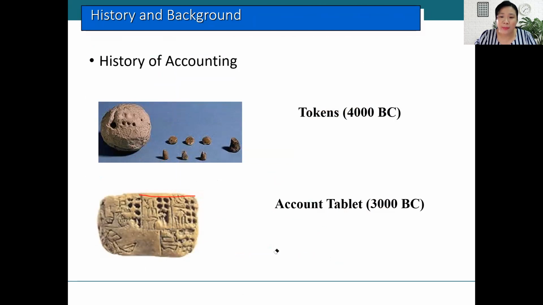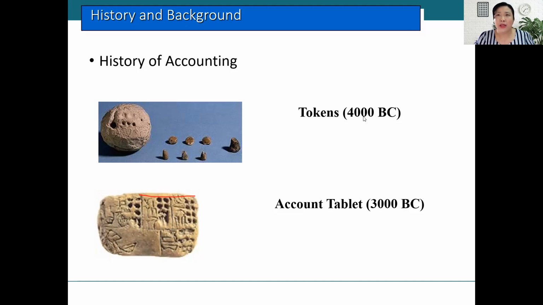When did accounting appear? Is it 1,000 years ago, 2,000 years ago, or 4,000 years ago? Actually, accounting was found in tokens about 4,000 years ago as evidence of transactions.